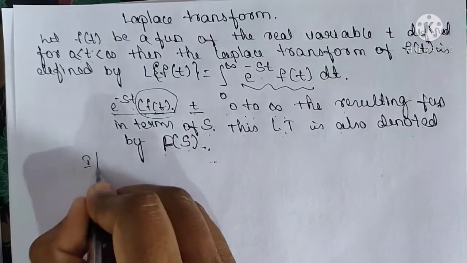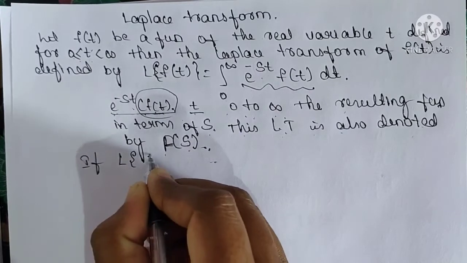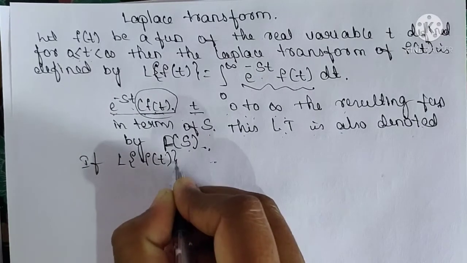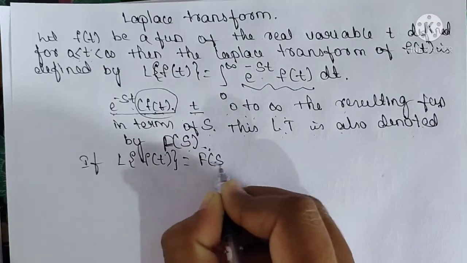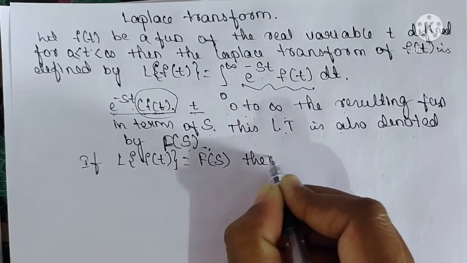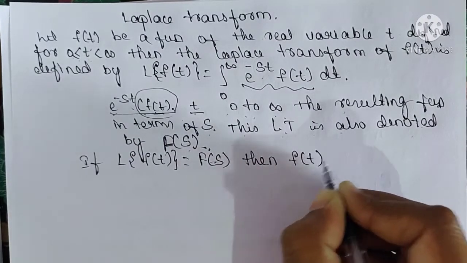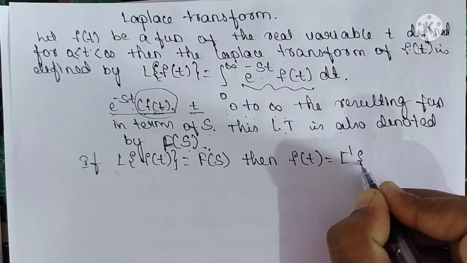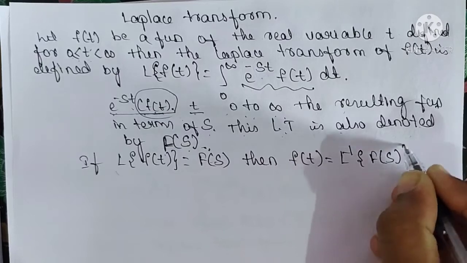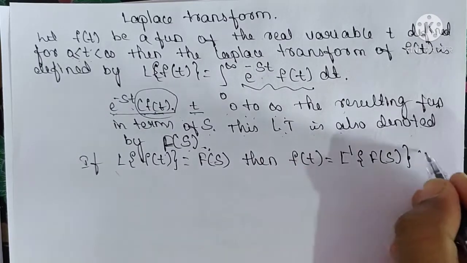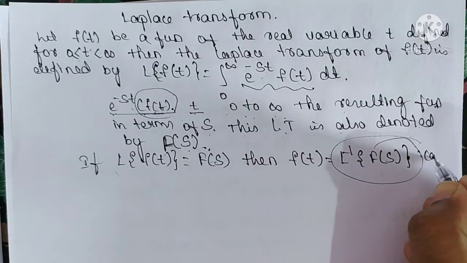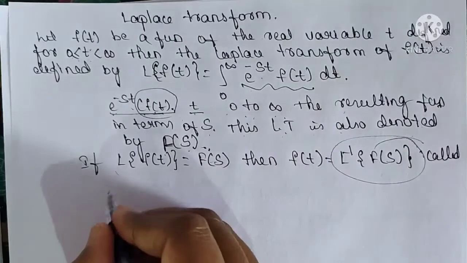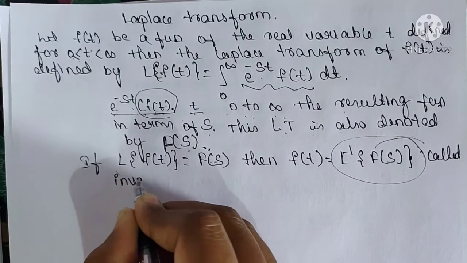If L of f of t is equal to F of s, then f of t is equal to, shifting L to the right-hand side, L inverse of F of s. This we call the inverse Laplace transform.